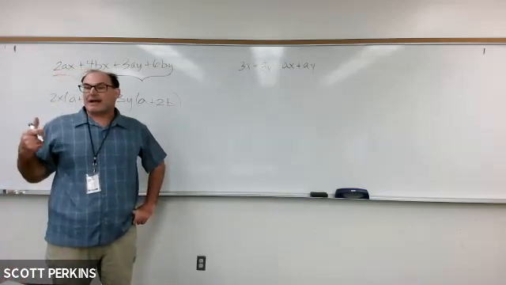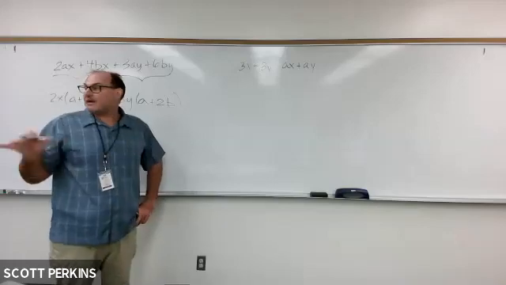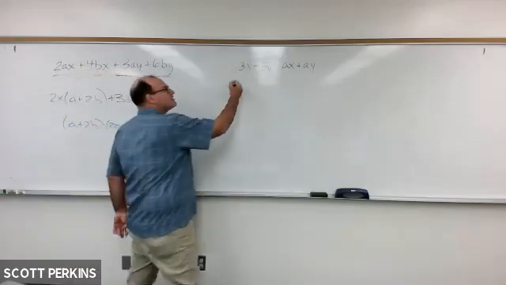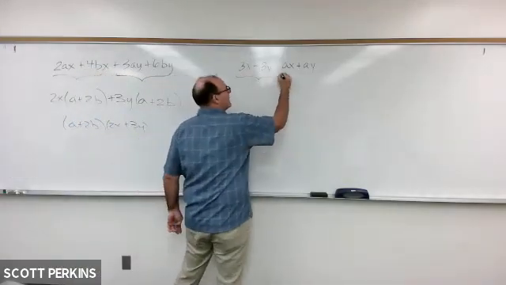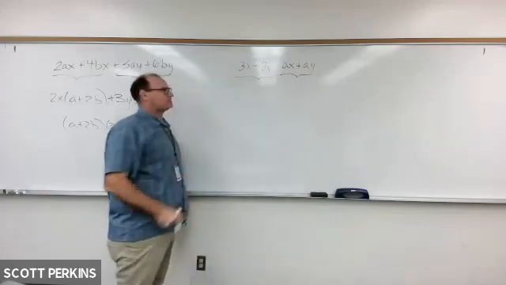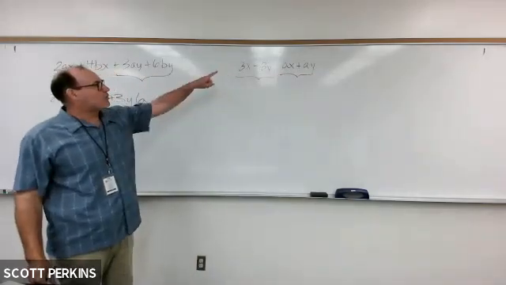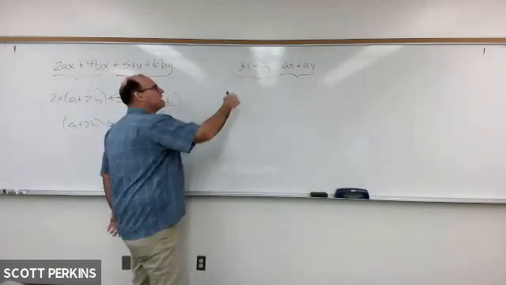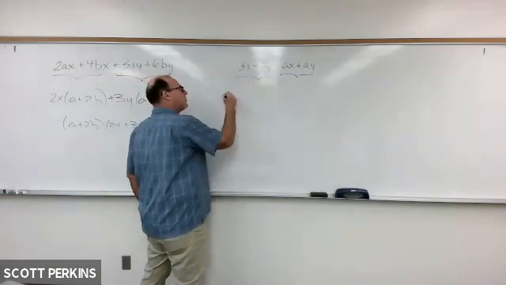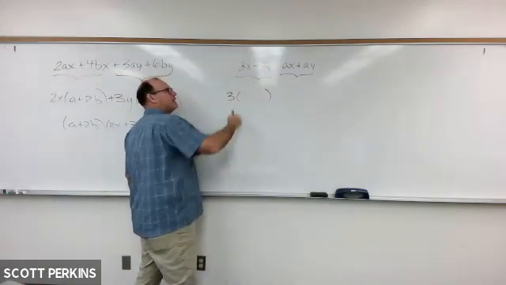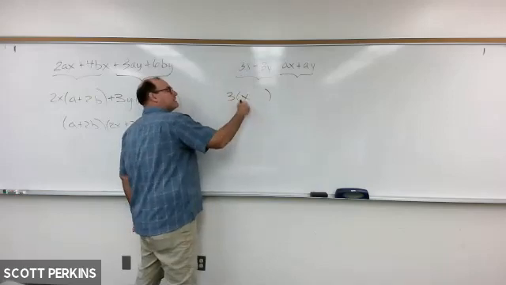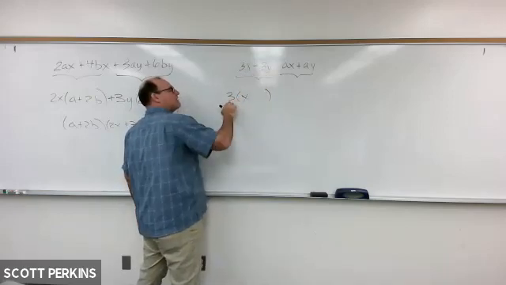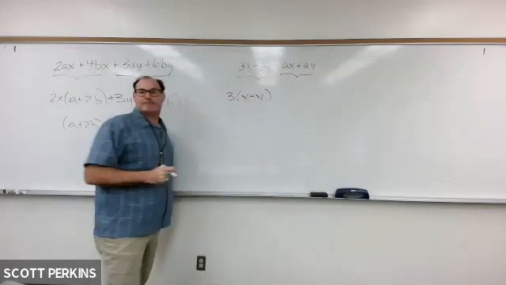One thing, I got 4 terms. There's nothing in common to all 4 terms. So I'm going to group the first 2 and I'm going to group the last 2. Now when I group the first 2, I'm sure you would tell me that between 3x and 3y, they've got a 3 in common. 3x divided by 3 leaves x. Negative 3y divided by 3 leaves negative y.